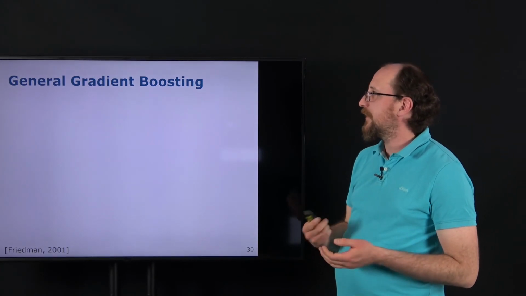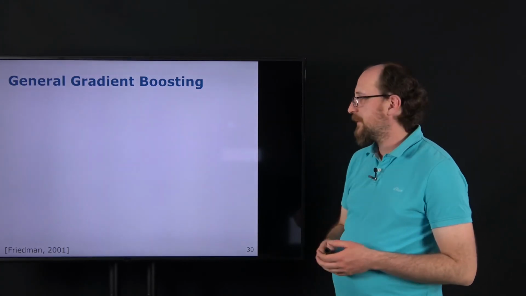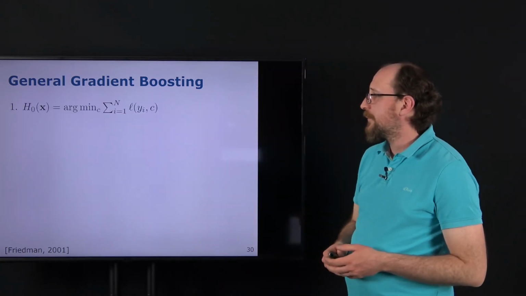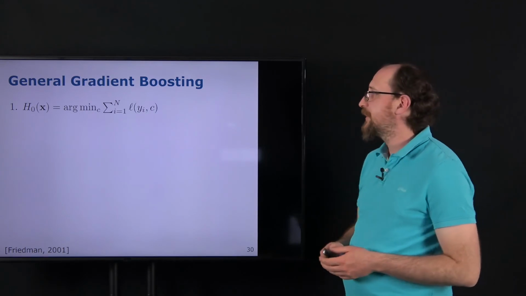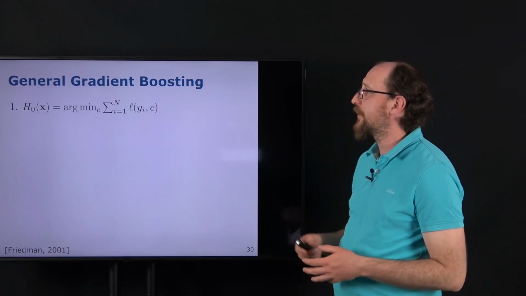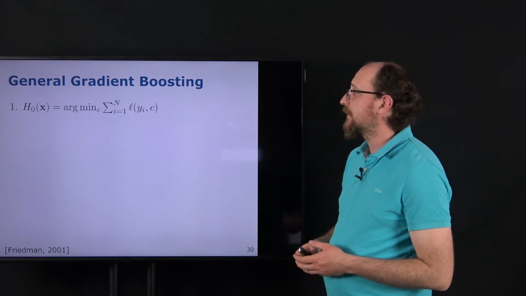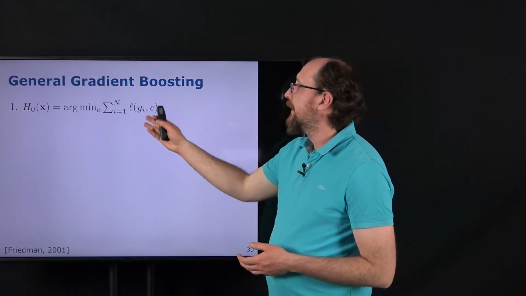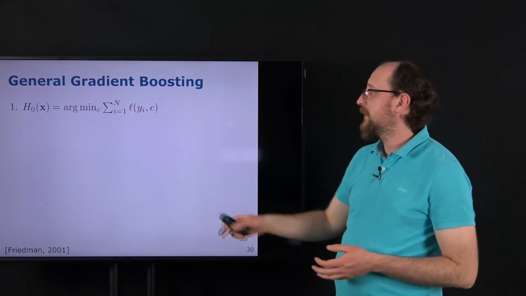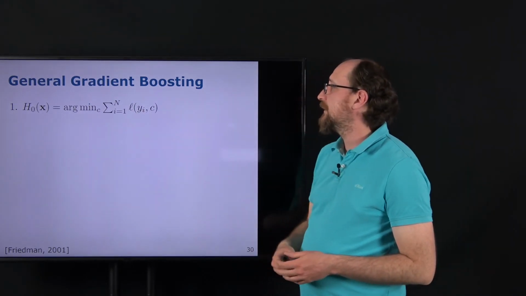The general gradient boosting algorithm, proposed by Friedman in 2001, where he calls it gradient boosting machines, works as follows. We initialize our first model by determining a constant that minimizes the loss. Here L is the loss term.